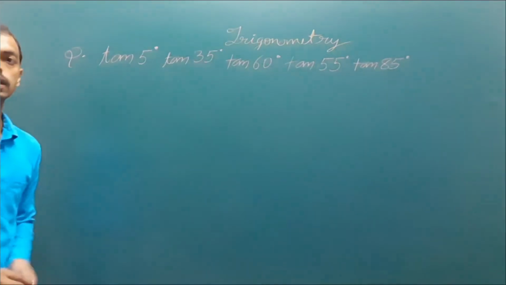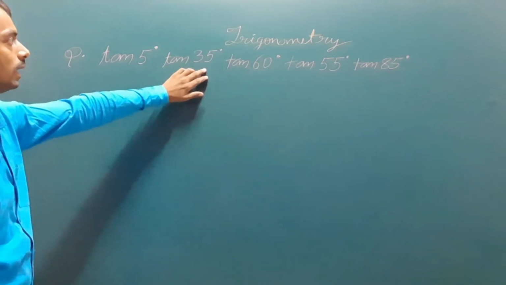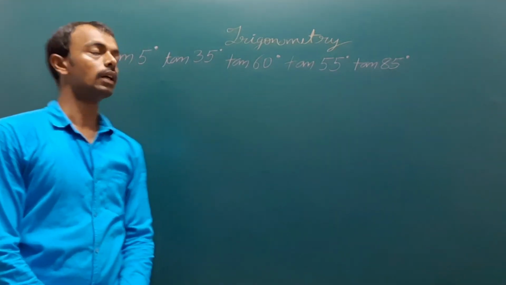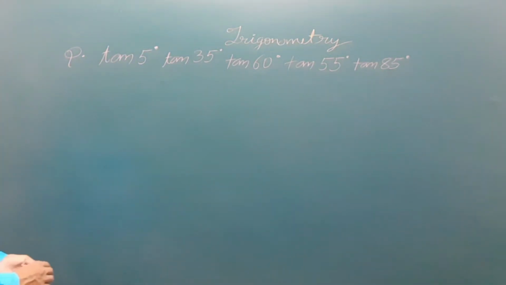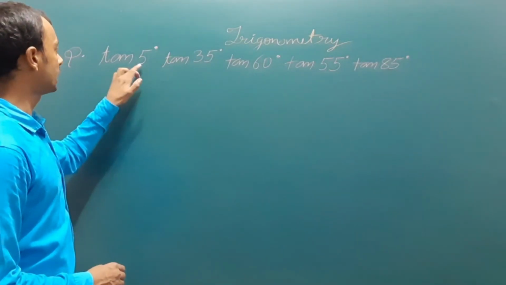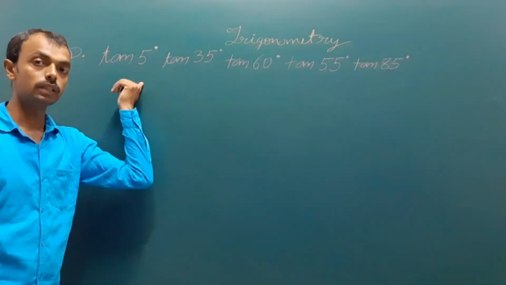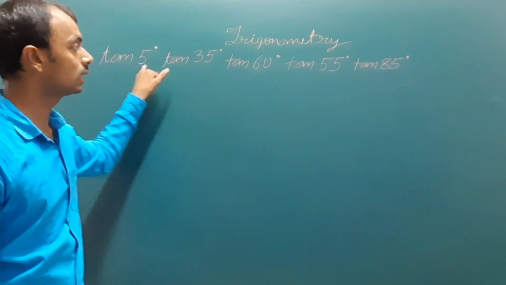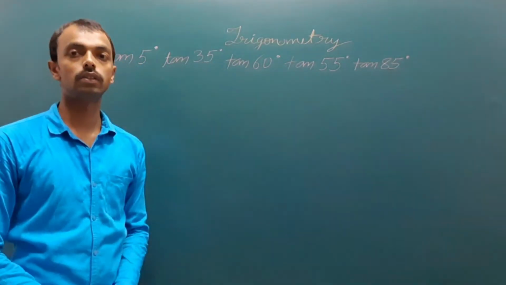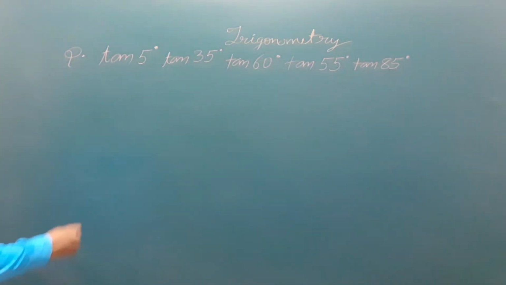Consider another example that says evaluate tan of 5 degree into tan of 35 degree into tan of 60 degree into tan of 55 degree into tan of 85 degree. Now observe these values. Do we have complementary angles here? Here it is tan 5 and here it is tan 85, so 85 plus 5 gives 90. Similarly, 55 plus 35 gives 90, so 35 and 55 are complementary to each other.